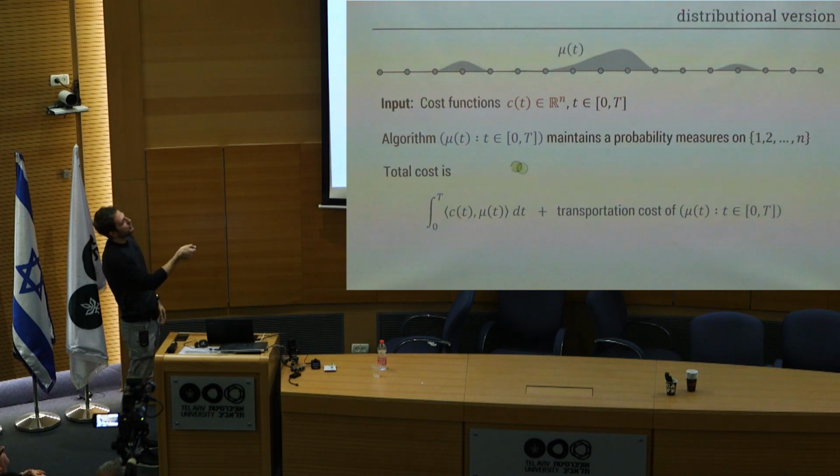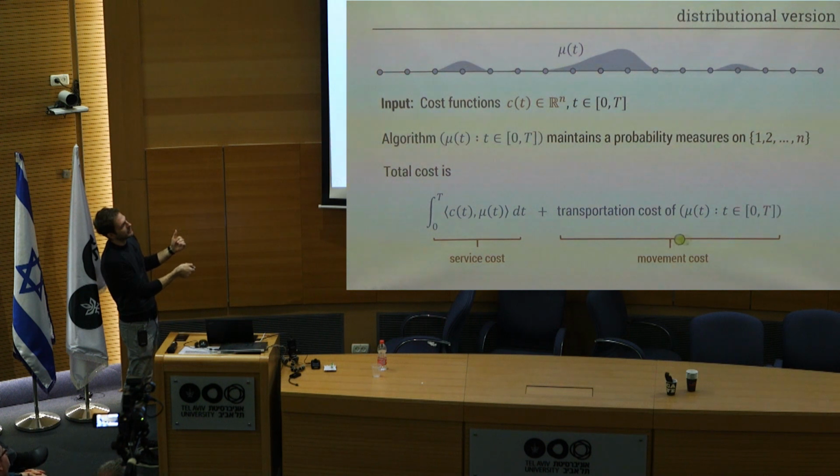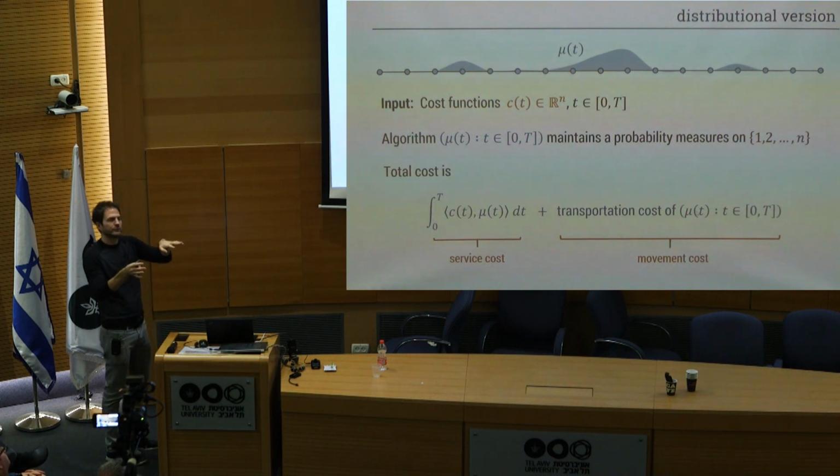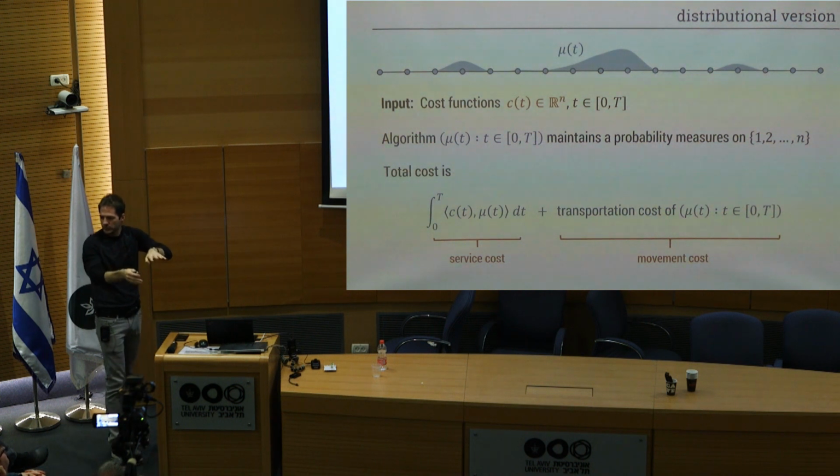So now the notion of cost in this model is just that when the cost function comes, you pay the average cost under your distribution. That's called the service cost, plus the total transportation cost. So if you change your distribution, you have to pay the cost, basically the earth mover distance, to change your current distribution into the next distribution you want. Okay?